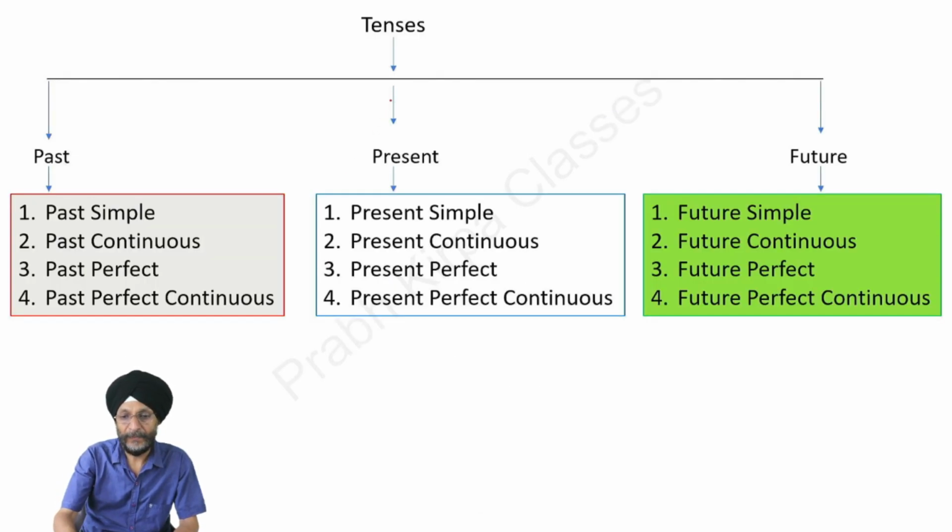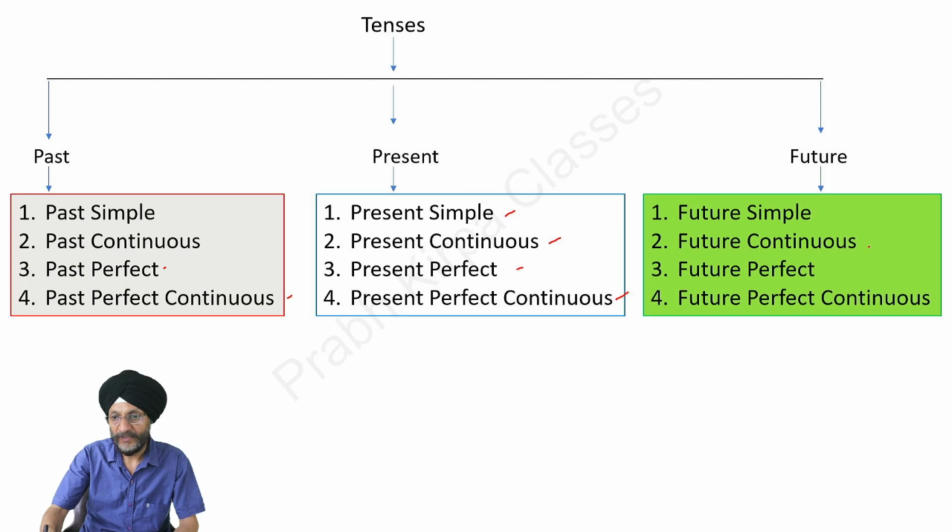This is the pictorial figure of the various types of tenses and the subclassification of the past, present, and future tenses into past simple, past continuous, past perfect, past perfect continuous, present simple, present continuous, present perfect, present perfect continuous, future simple, future continuous, future perfect, and future perfect continuous.